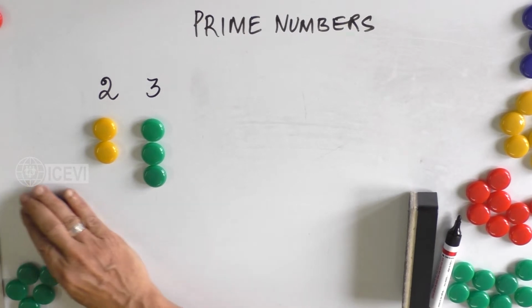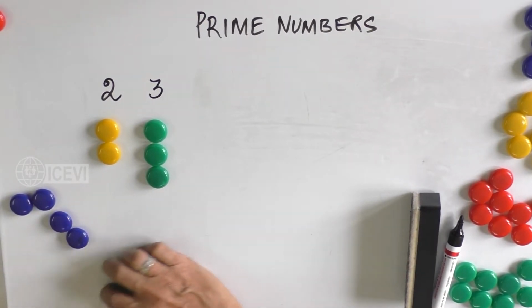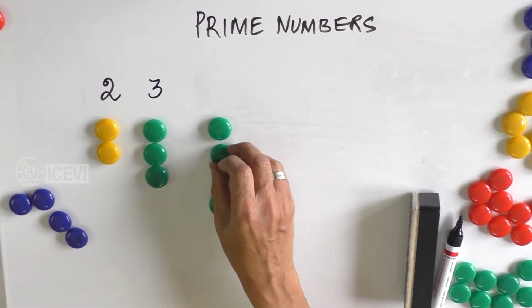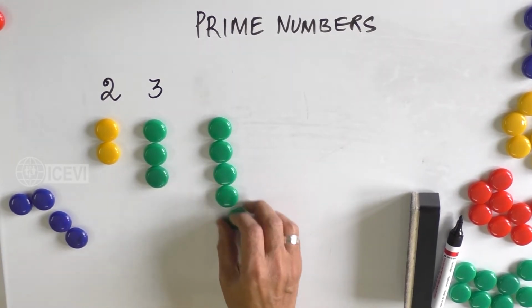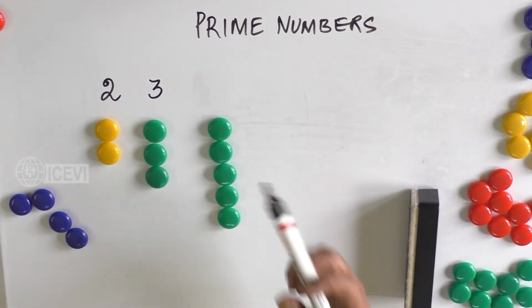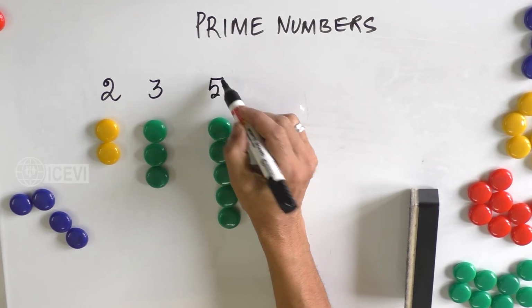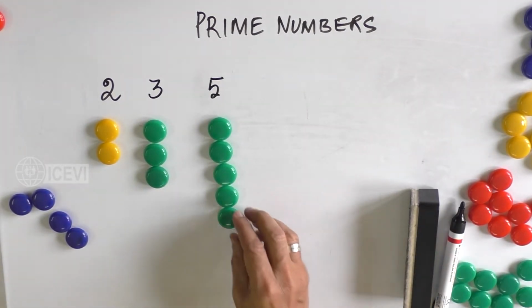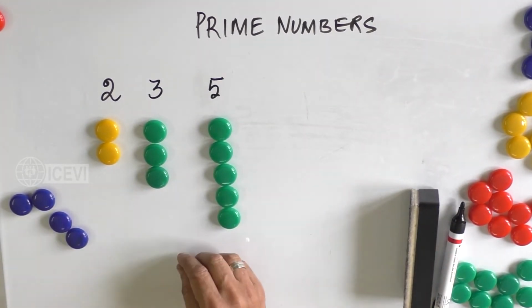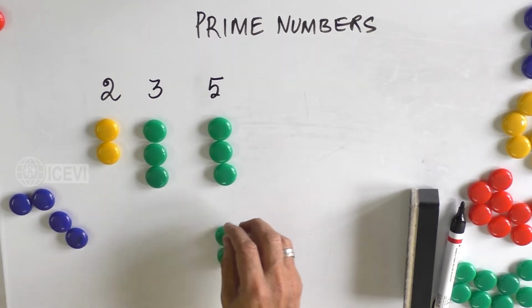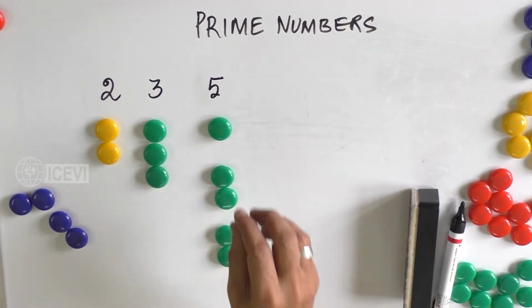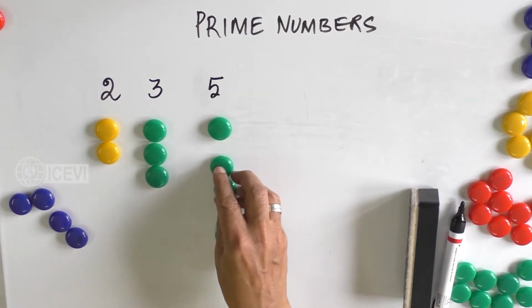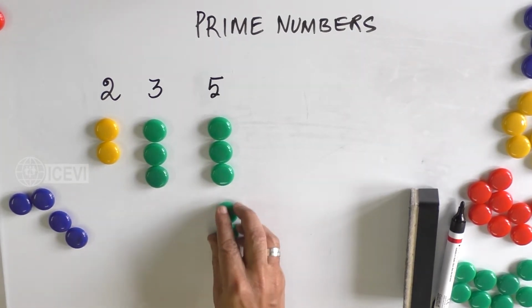Right? Now let us take 5. 1, 2, 3, 4, 5. Is 5 a prime number? Now let us start with 2 and test whether it is a divisor. You take 2, 2 and then there is one remainder. So 2 is not a divisor of 5.